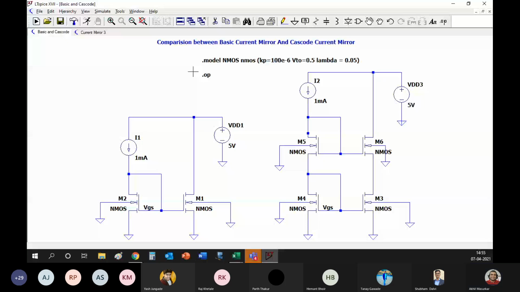Okay. Now let's go ahead and see. I am simulating this circuit.